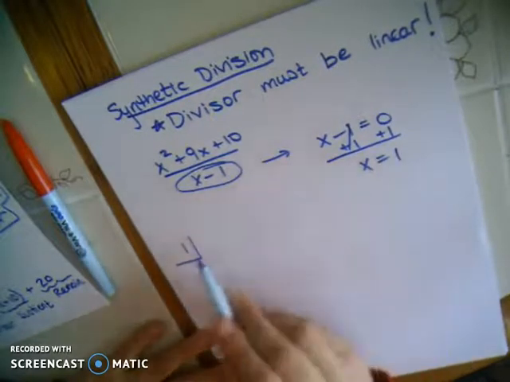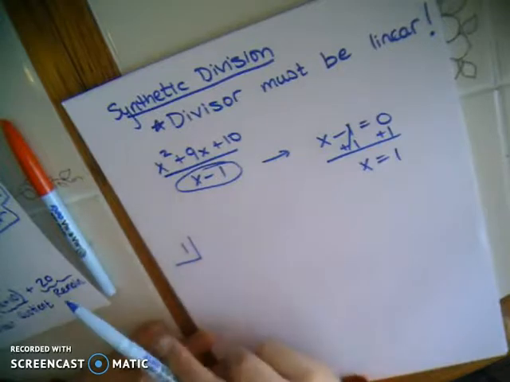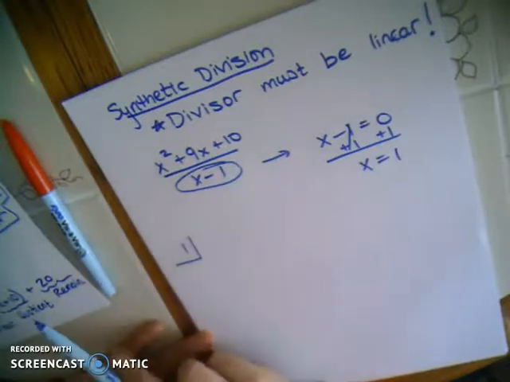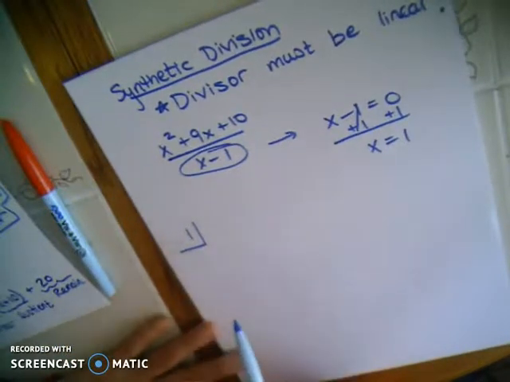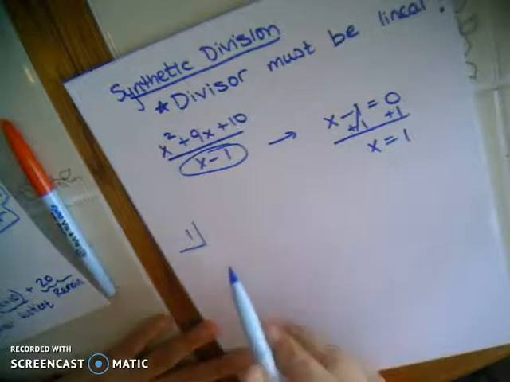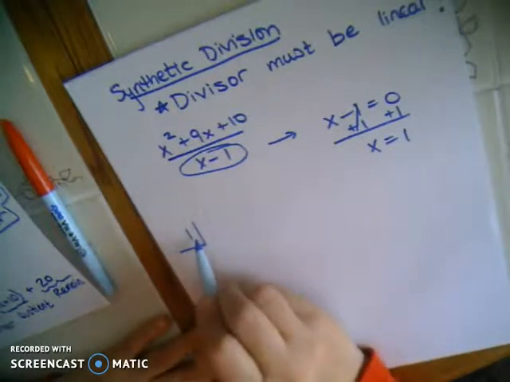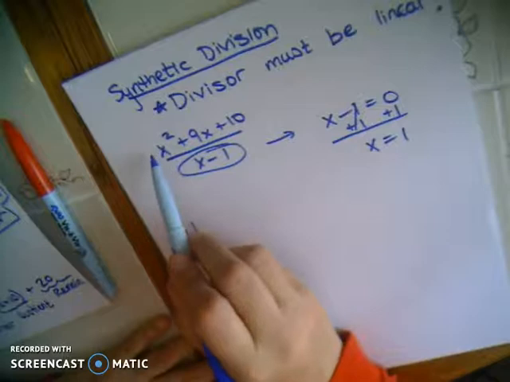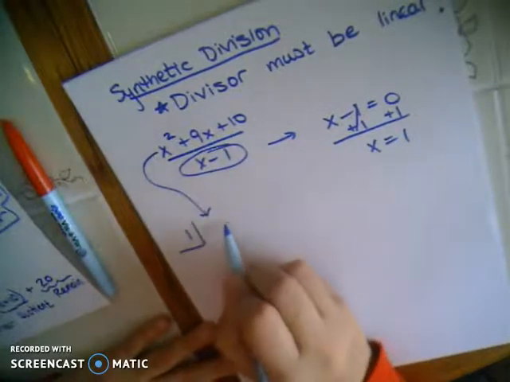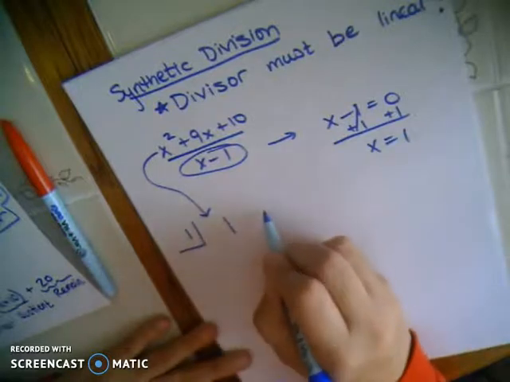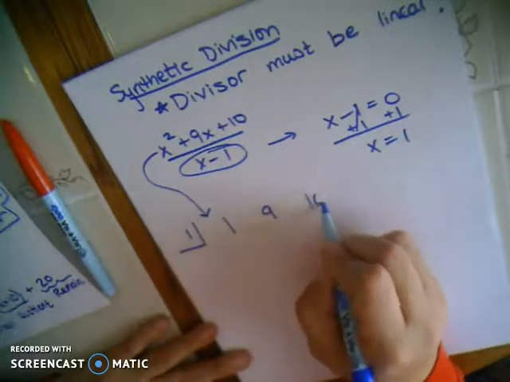And I'm going to be using this number over and over and over again, just like I used x minus 1 over and over in every single step when I did the multiply and subtract. So I put it in the top left corner, I put a little box around it just to separate it from everything else. Next to the 1, I am going to write the coefficients from my dividend, just the coefficients. So my coefficients are 1, 9, and 10.